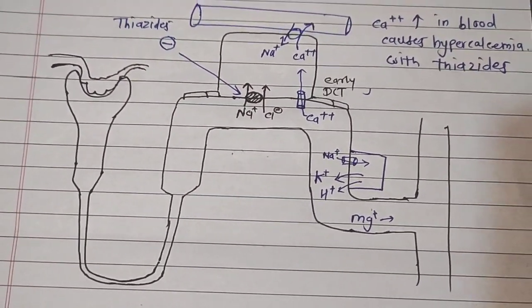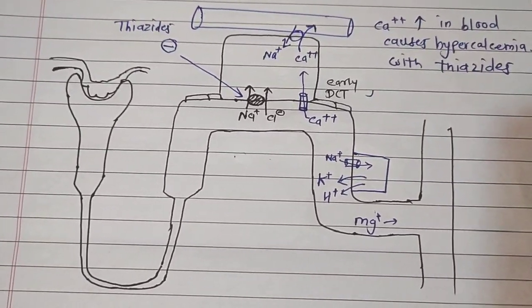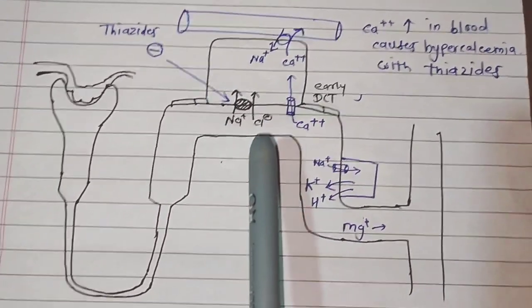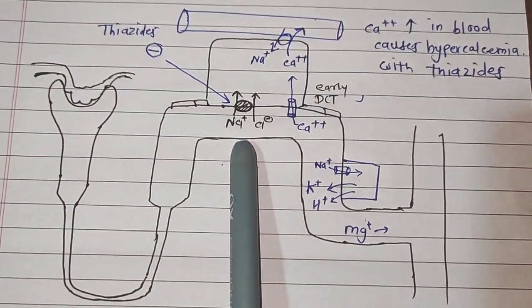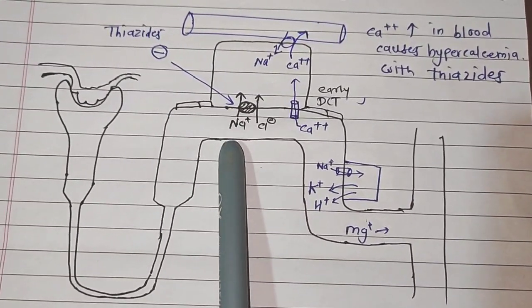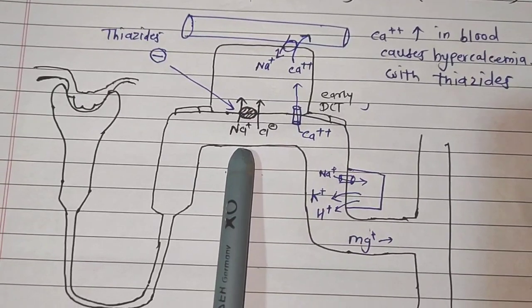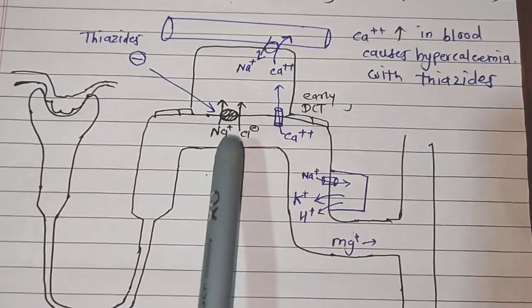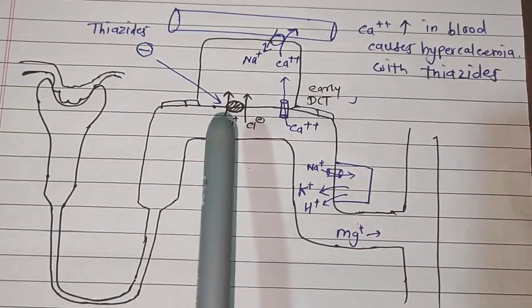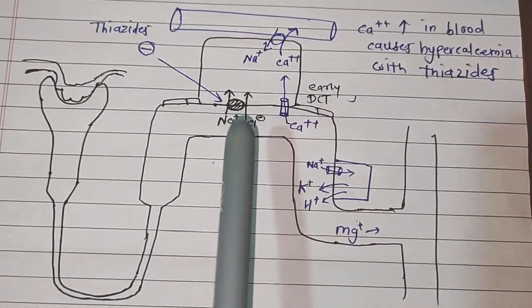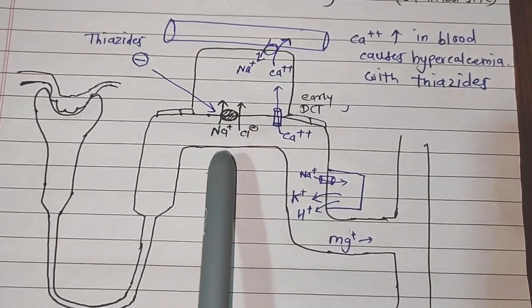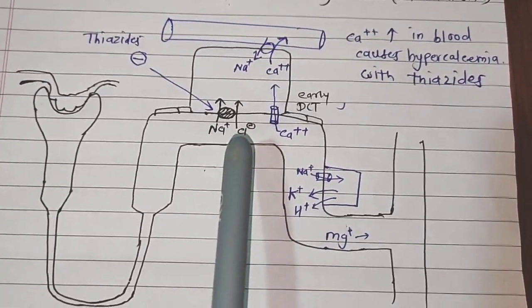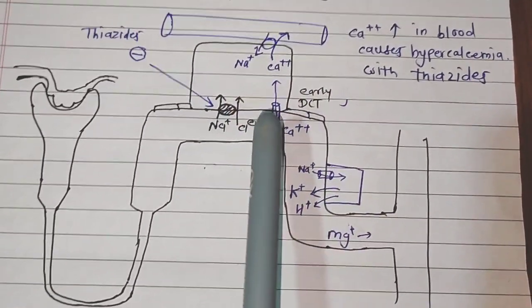Our body doesn't want to lose all these ions because it needs them to perform normal physiological functions. So our body tries to reabsorb these ions. They can be absorbed by different transporters, and one of the transporters is the sodium chloride symport, which is present in the early DCT.